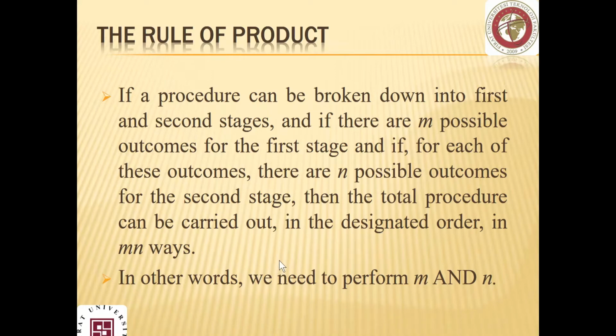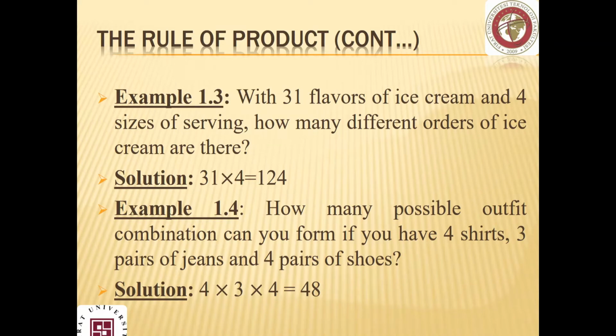It could be more than that. Okay, and in that case we say m and n. It is exactly one procedure broken down into stages. Here in this basic case, two stages, m and n possibilities, multiply them, m times n, that's the total outcome. And let's take some examples.